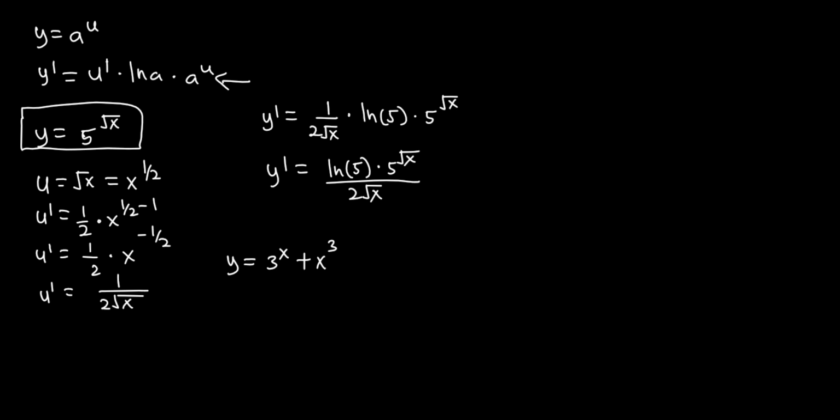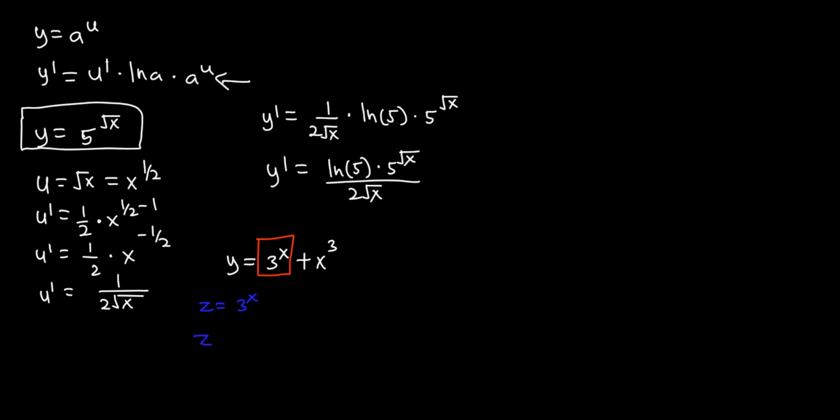For the first part, which is an exponential function, let's find its derivative. Let's say z equals 3 to the power x.